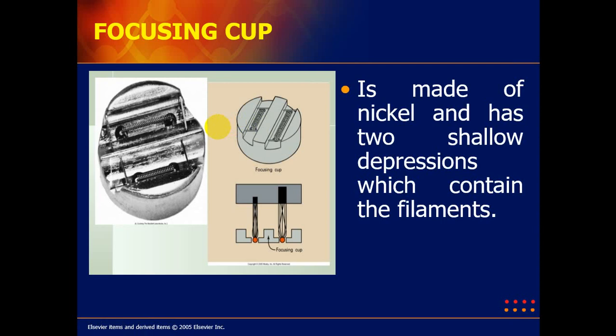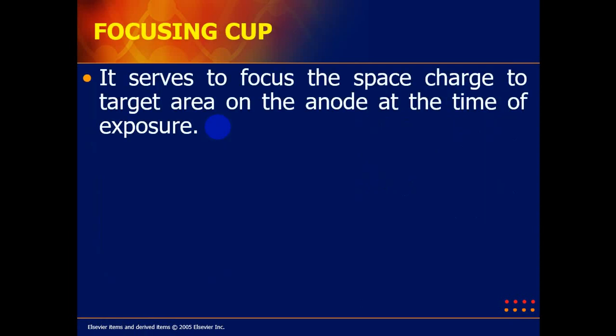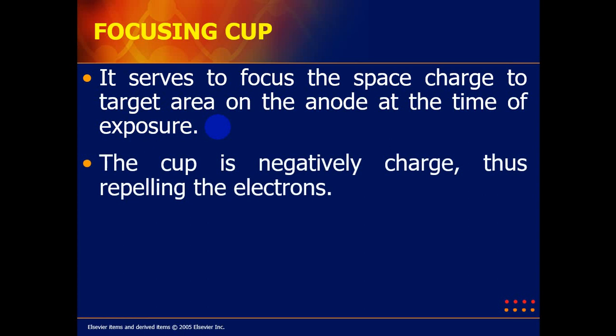So, this filament is made of nickel and has two shallow depressions which contain the filaments. So, focusing cup serves to focus the space charge to target area on the anode at the time of exposure. So, the cup is negatively charged, thus repelling electrons.